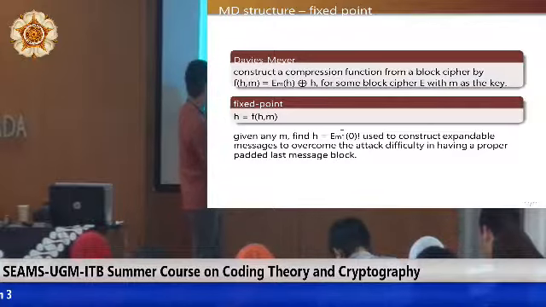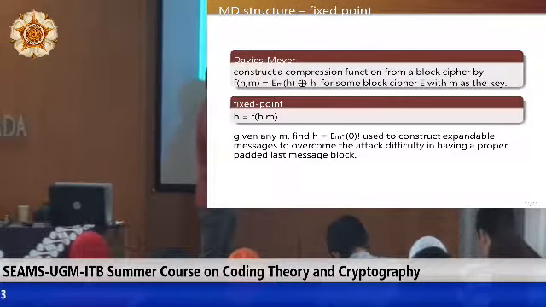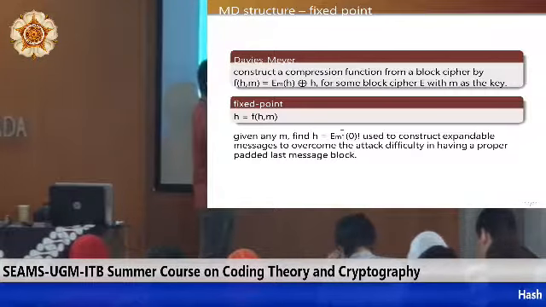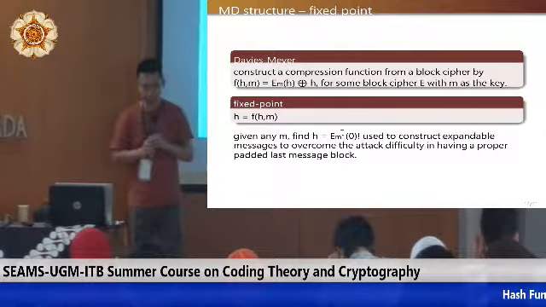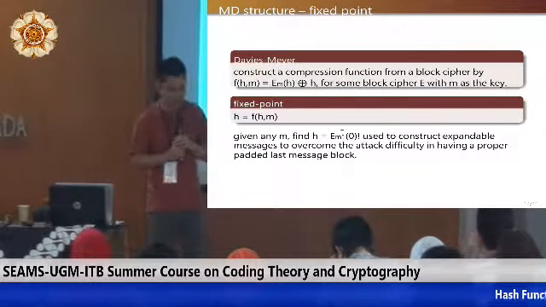Because such a thing can always be found. You just decrypt the ciphertext 0 under the key M, find the plaintext H, and this H is a fixed point. So what's the problem with the fixed point?